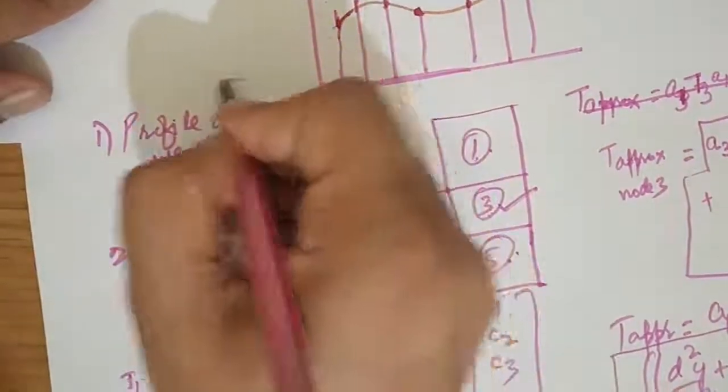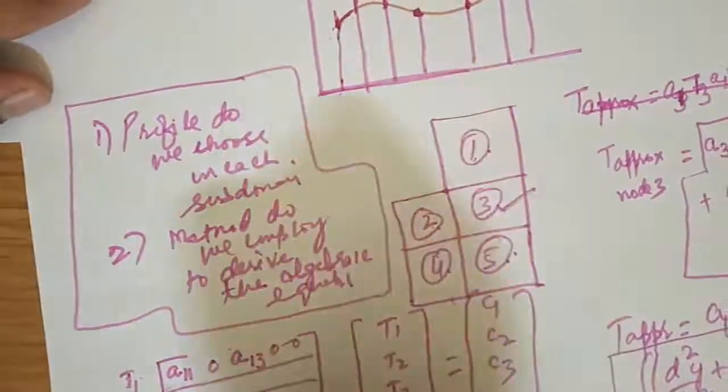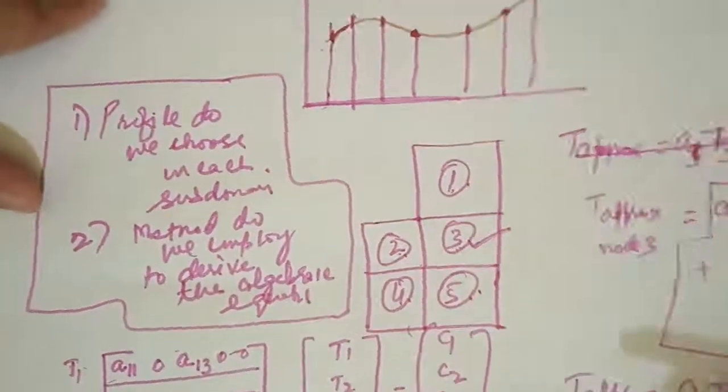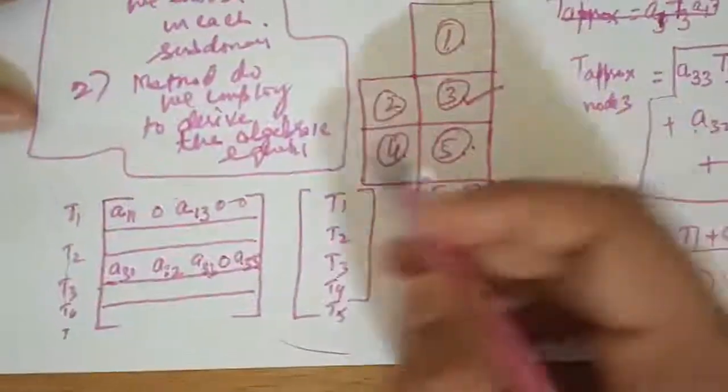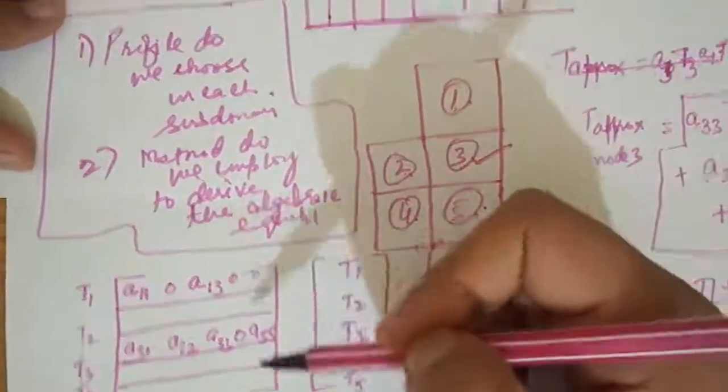So these are the two key parameters that dictate what kind of discretized matrix or what kind of discretized set of equations we will get.